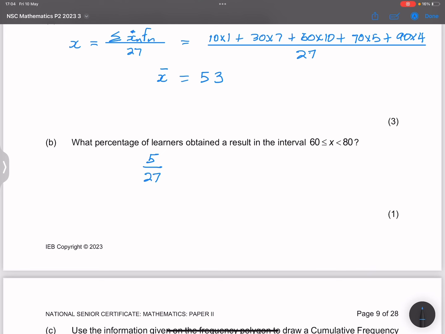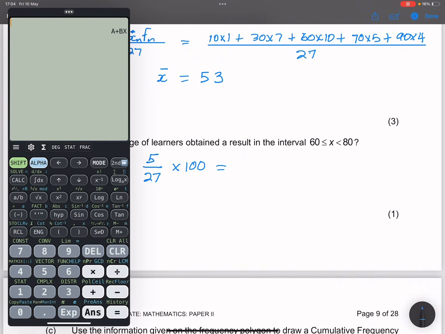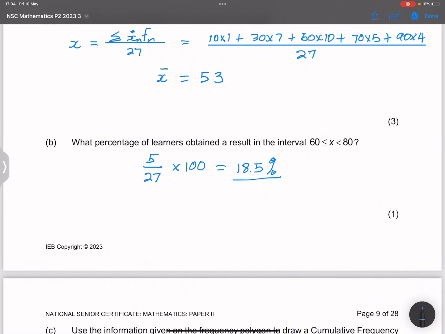To make that a percentage, we multiply by 100. So 5 divided by 27 multiplied by 100, and we get 18.5%. So 18.5% of the learners got 60 to 80.